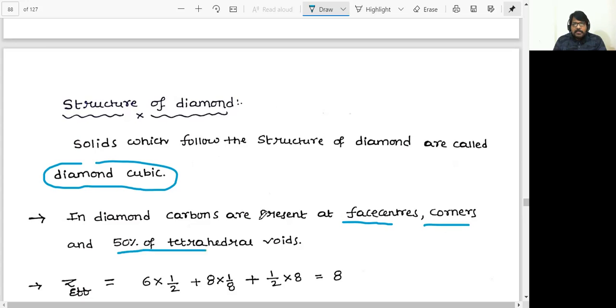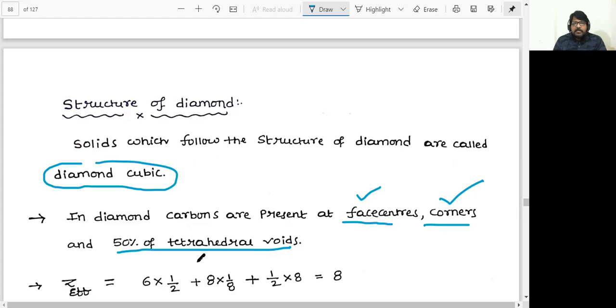That means carbons form FCC lattice and some other carbons occupy 50% of tetrahedral voids. That means carbons are at three places: face centers, corners, and 50% of tetrahedral voids.